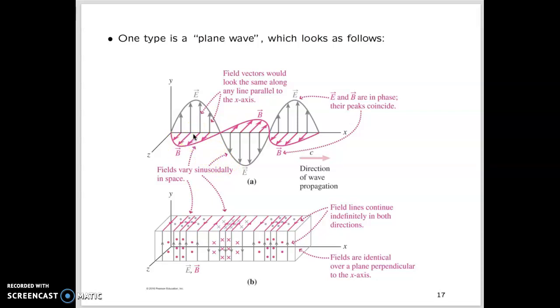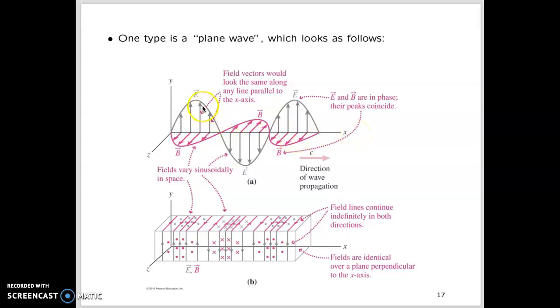What you call x, y, and z is completely arbitrary, how you choose to orient these axes. The important thing, the thing that is a physical law when it comes to electromagnetic waves, is that the direction of the electric field is perpendicular to the direction of the magnetic field at any point the wave is propagating past.